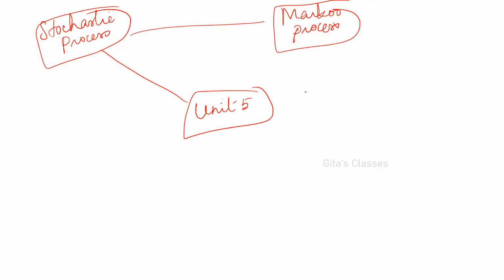And we have two representations of this. One is matrix representation, another one is graphic representation.